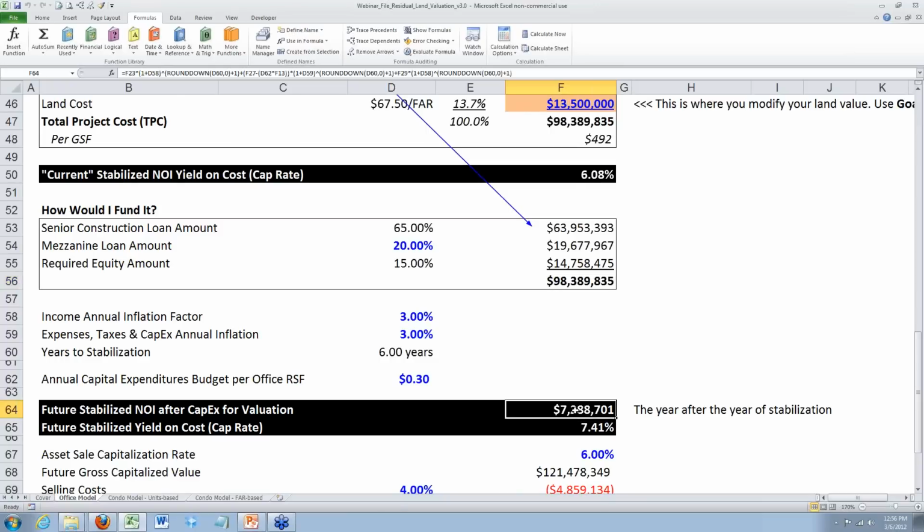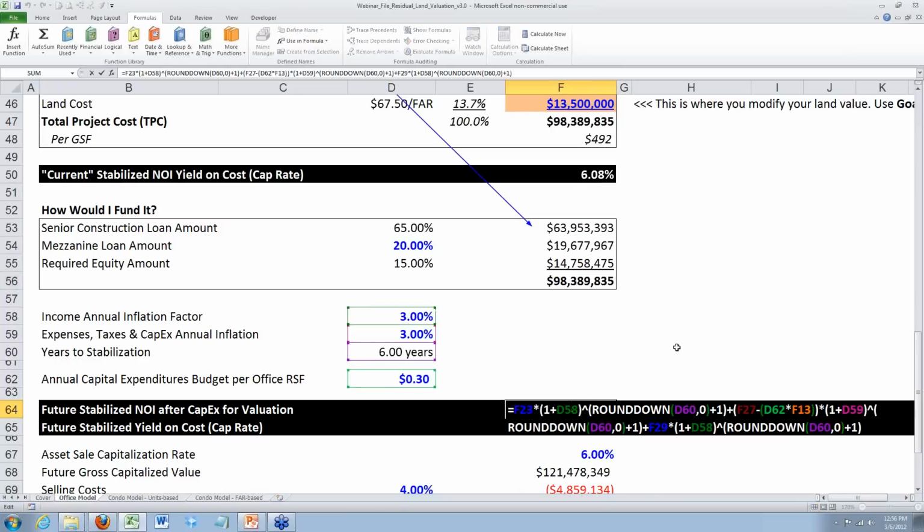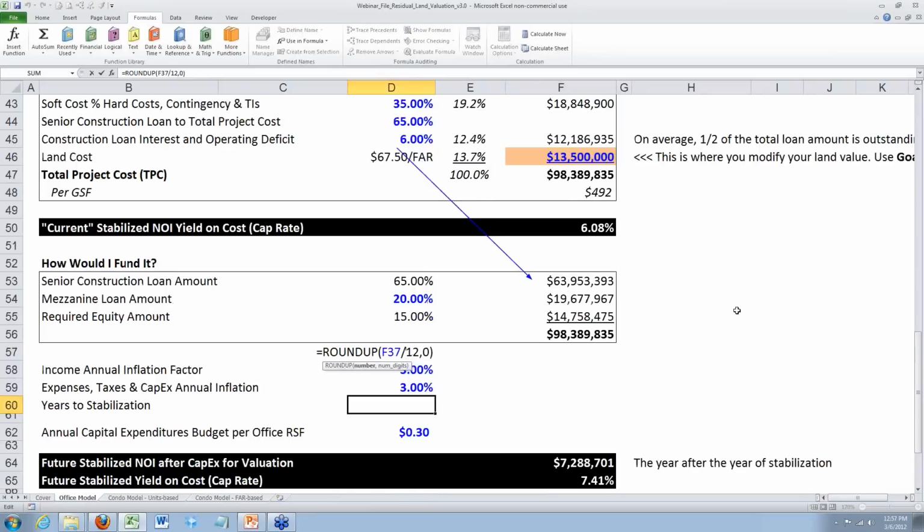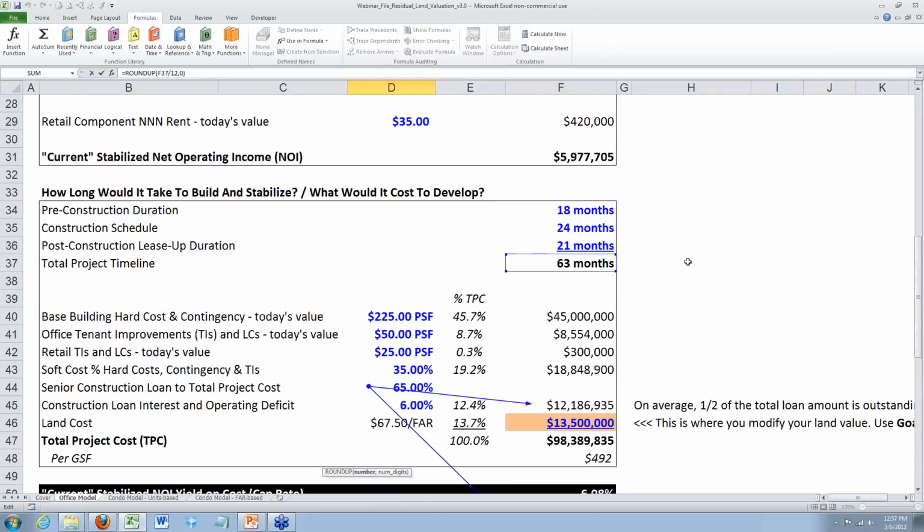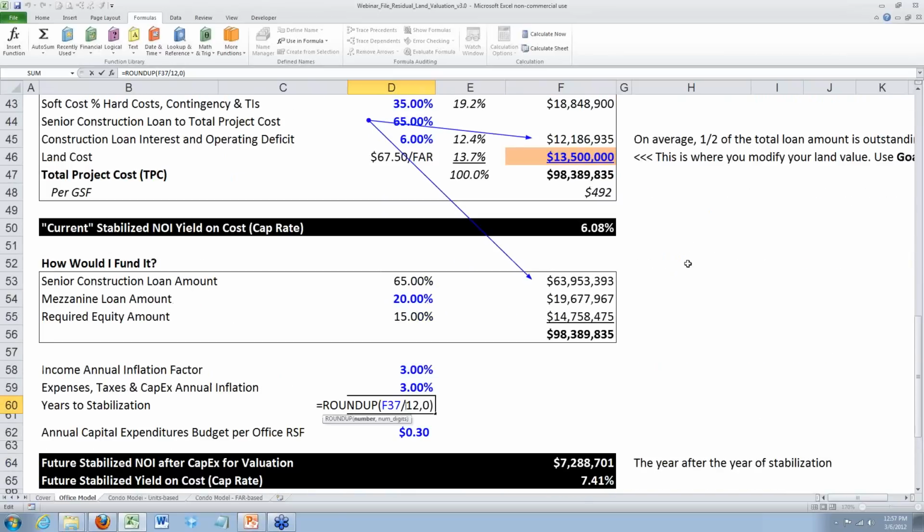We say, well, I know that this is going to be a long process to get to the point where the building is tenanted and stabilized, and I can then, if I wish, remarket it for sale. And so we say, well, there's going to be some escalations on the rents, and there's always going to be expense inflation, and then my number of years to stabilization is simply calculated based off of this number of months that I had calculated above.